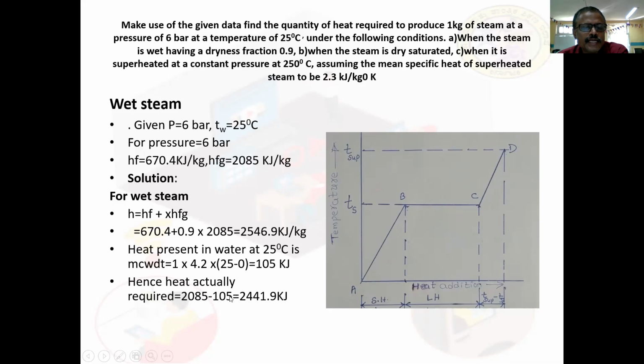You have to subtract this 105 because heat is already there in water. So after this, you will get 2441.9 kilojoules. That is what you are supposed to find out.